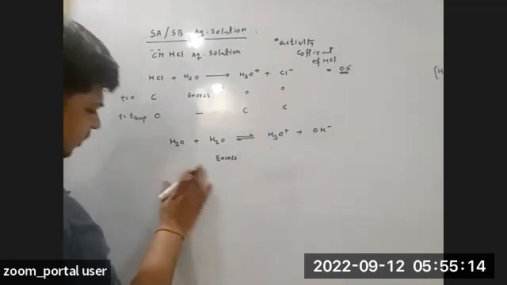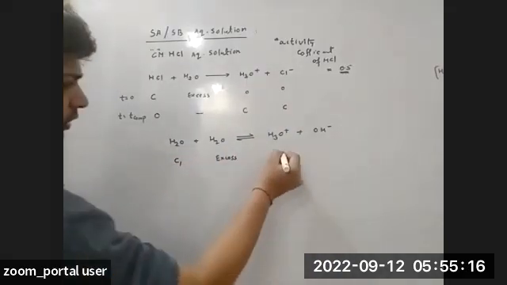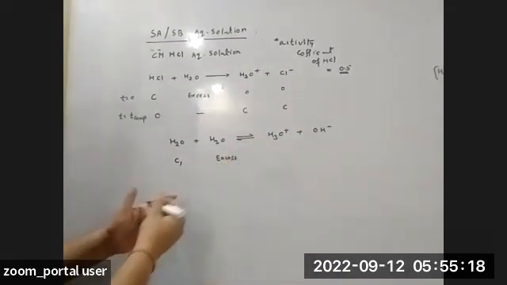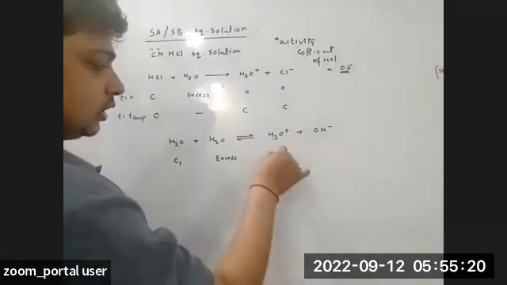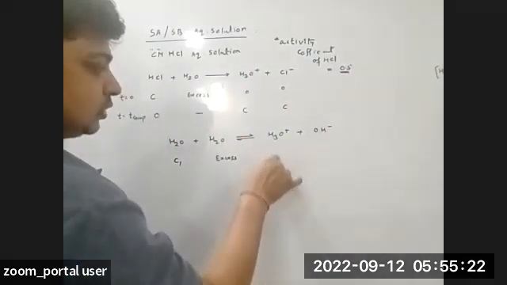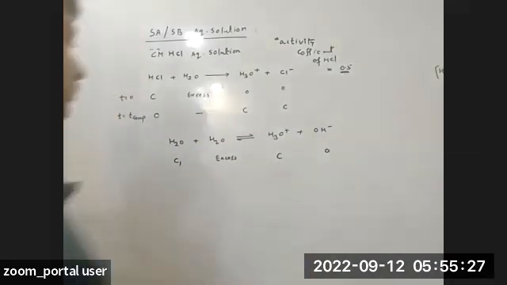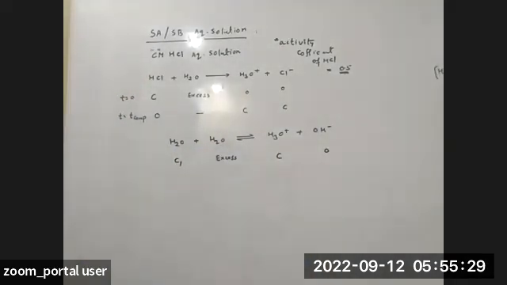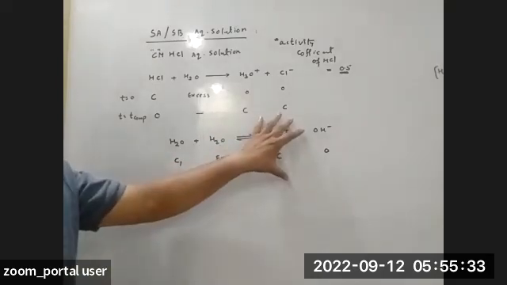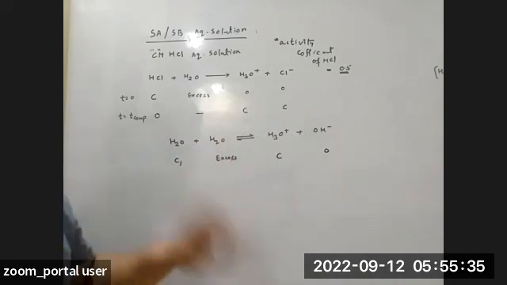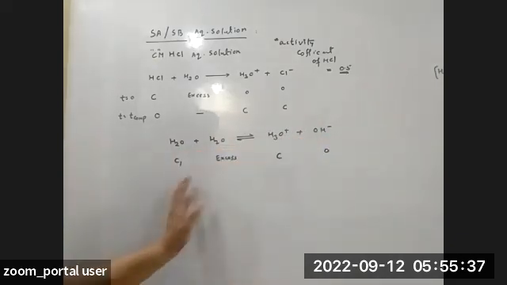So I am assuming this is C1. Now initially, in the pure water problem, this H3O plus was 0. But here it will be C. Is it okay to everyone? So this is the main difference. Basically, we are converting this problem to pure water. The things are exactly the same.